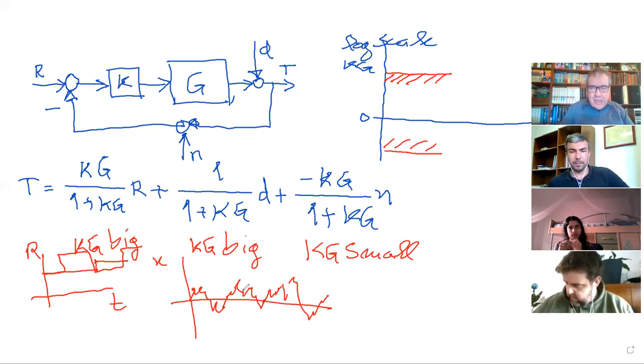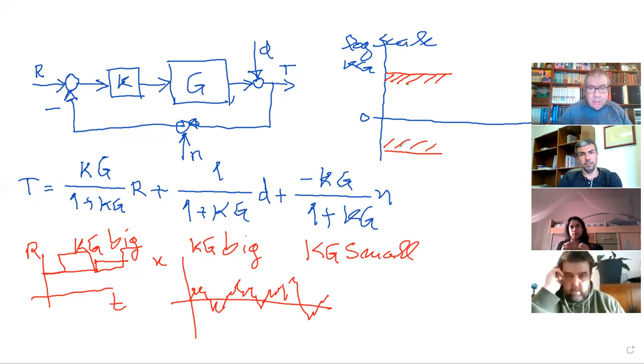So what is the trick here? Don't you have any idea based on this? For small frequencies, the kg should be big. So use different kgs at different frequencies. You have this barrier. This is the barrier for the reference. This is the barrier for the noise.